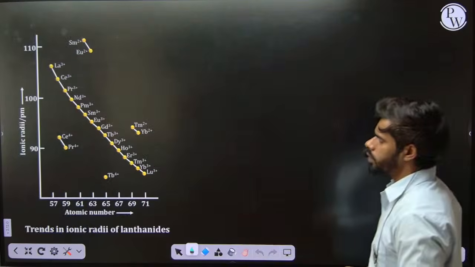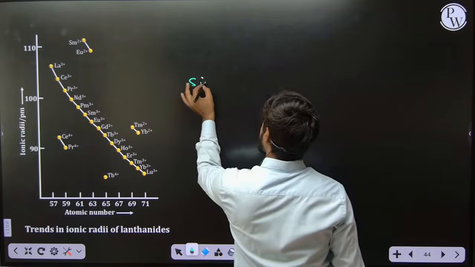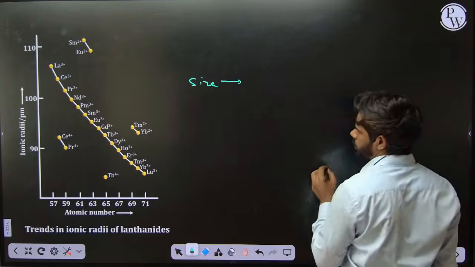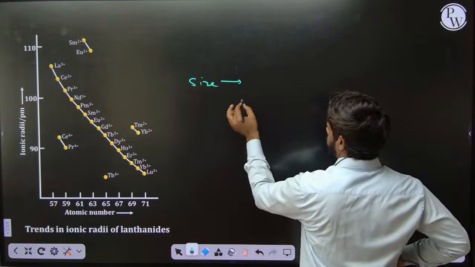So what are the properties? First is size. Size increases from top to bottom.